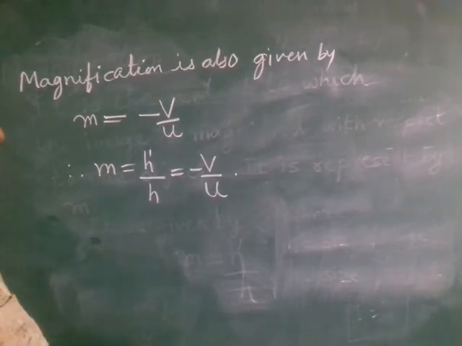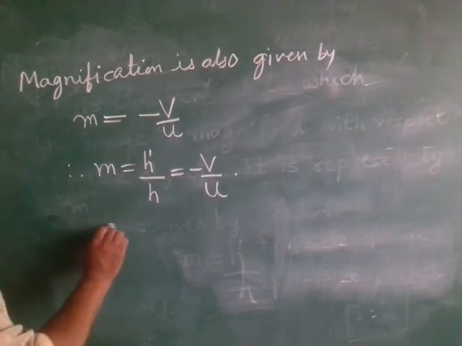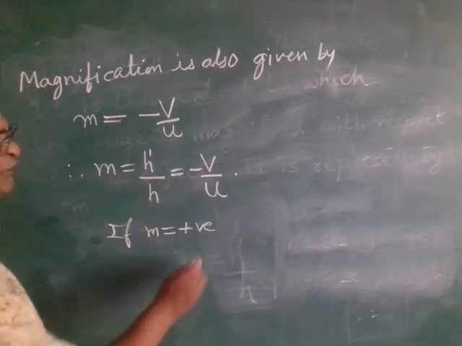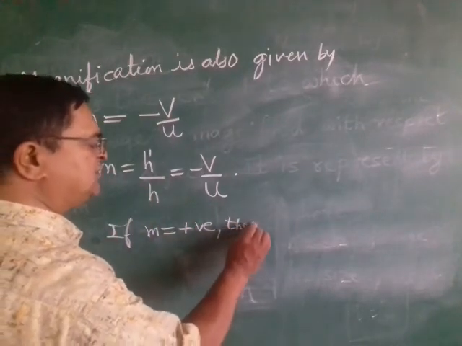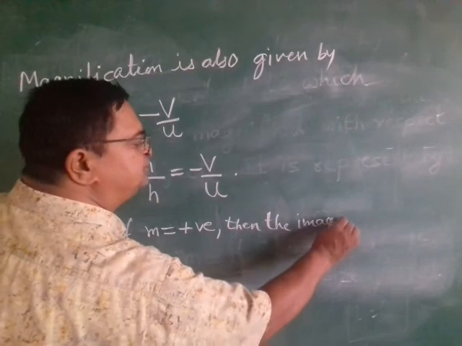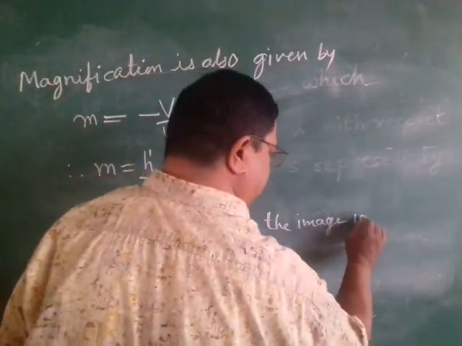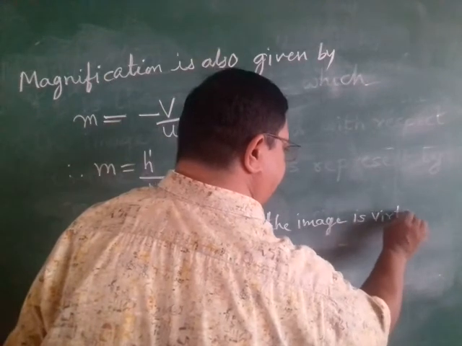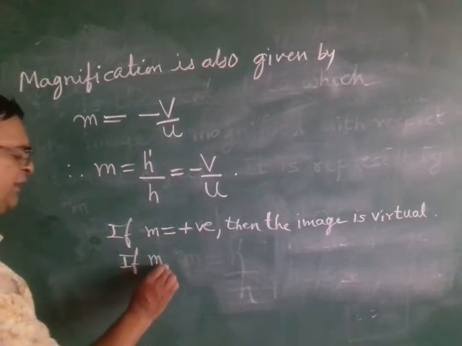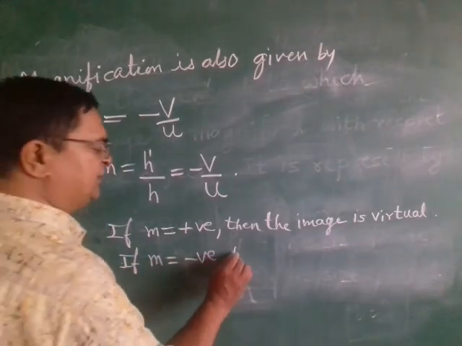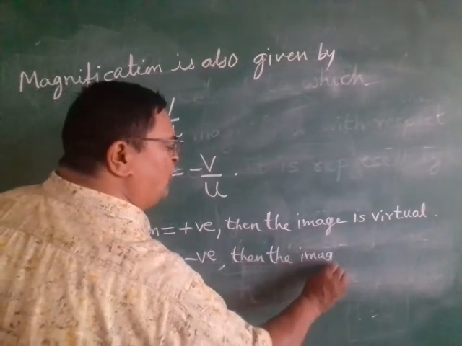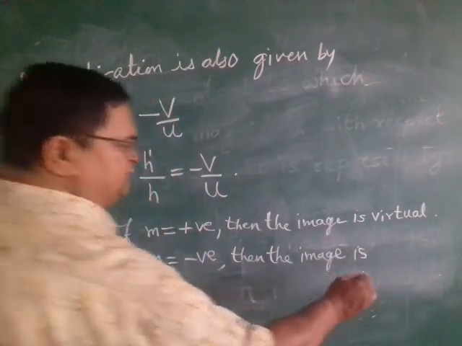Whatever m value we get, if it is positive, then the image is virtual, and if m is negative, then the image formed is real.